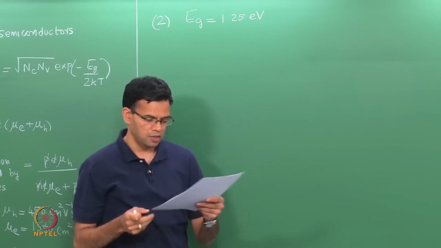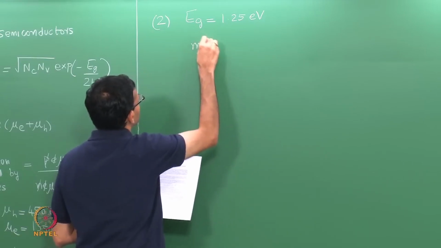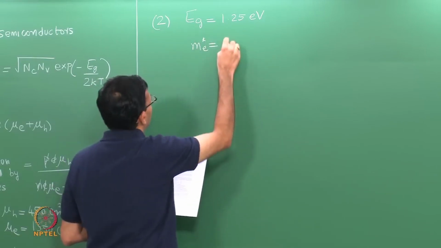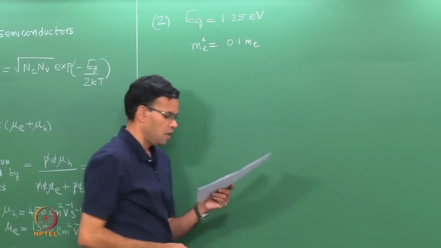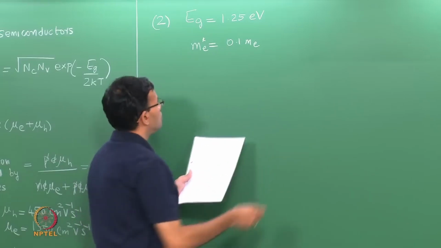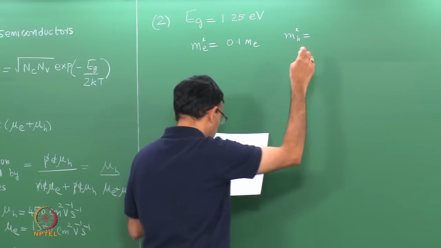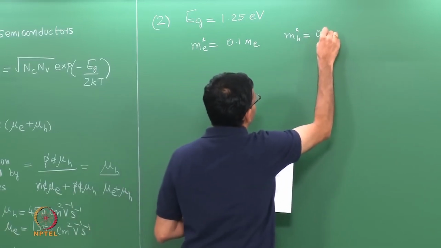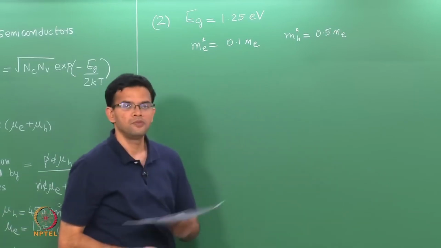The effective mass of the electron, Me star, is 0.1 times Me, where Me is the mass of the electron, and Mh star is 0.5 Me. This is the effective mass for the hole.